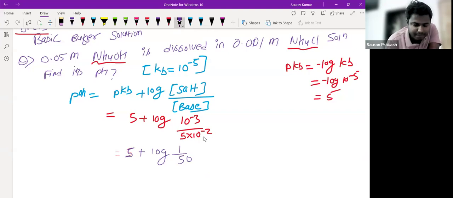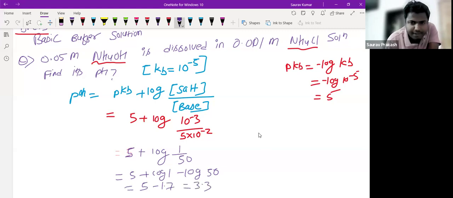So you can write 5 plus log 1 minus log 50. So it becomes 5 minus 1.7, which is 3.3. So you have calculated pOH.